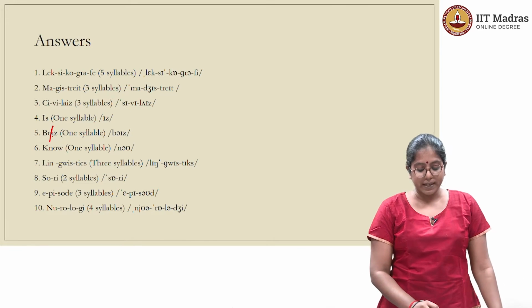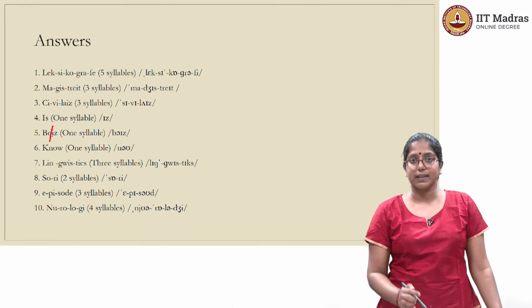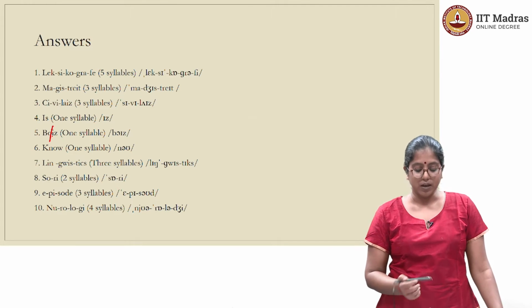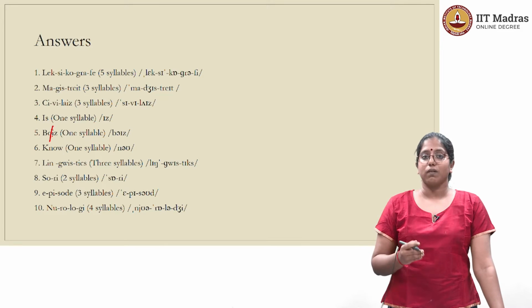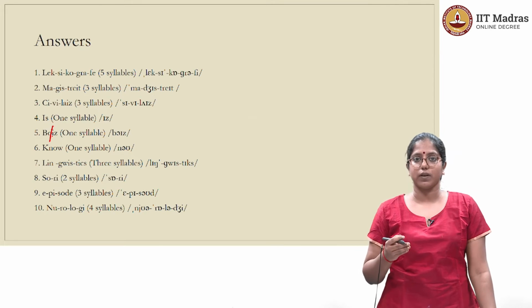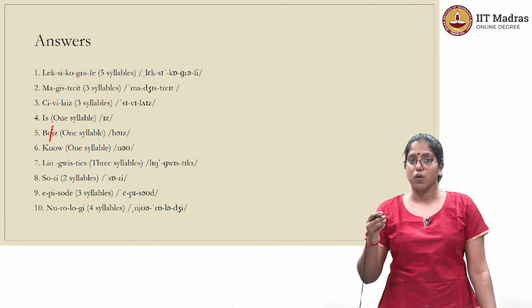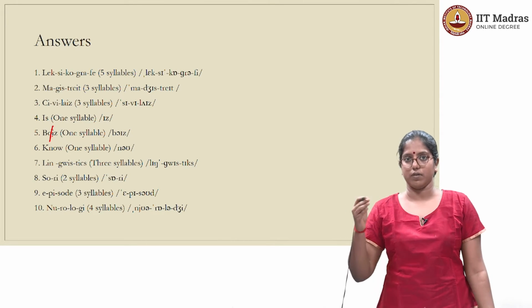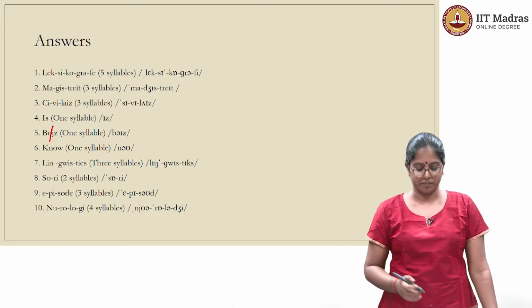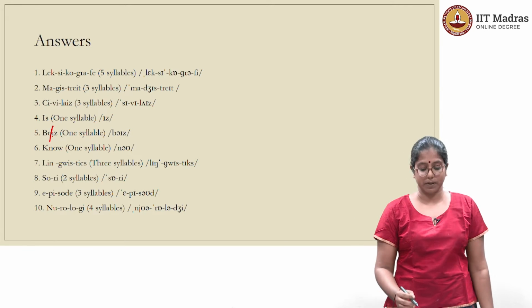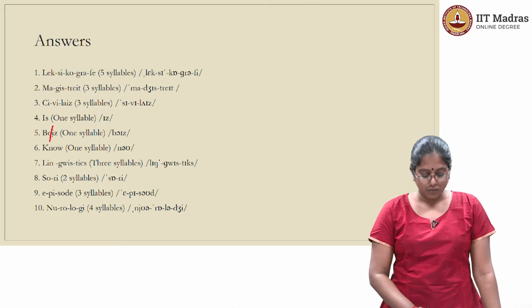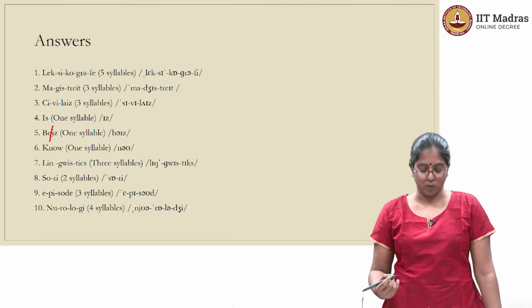So don't get misguided by the O and I there and then split them into 2. In boys, the vowel letters O and I come together to form the sound oi. You get it? It's an oi sound. So it's a single syllable. Boys is a monosyllabic word.